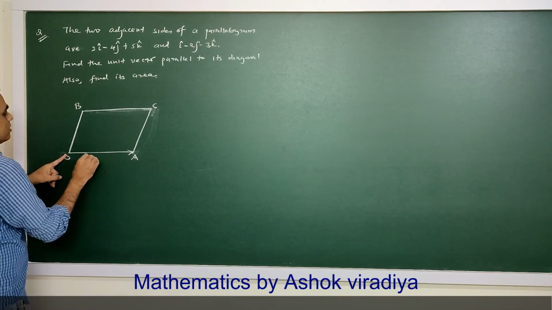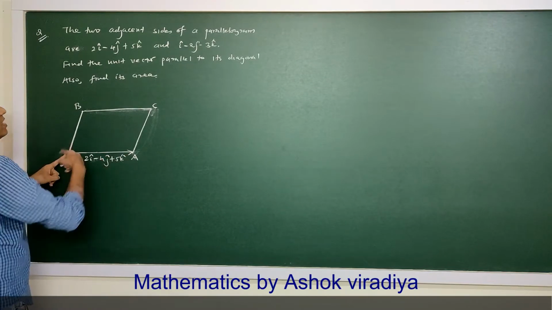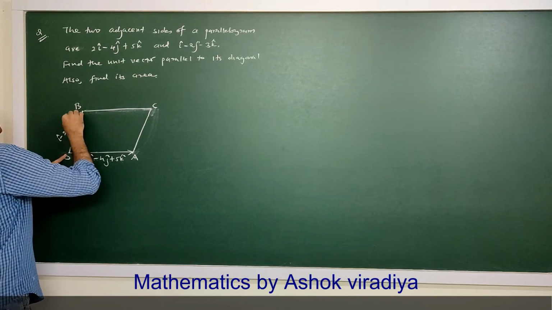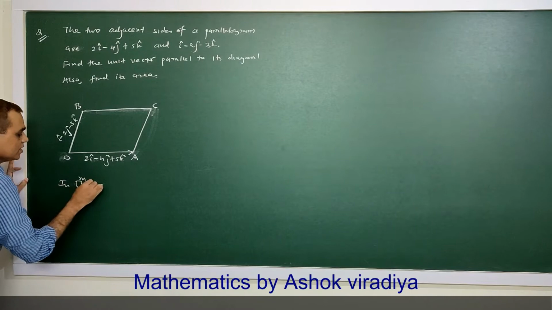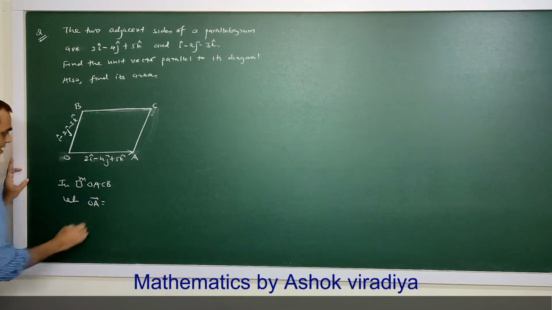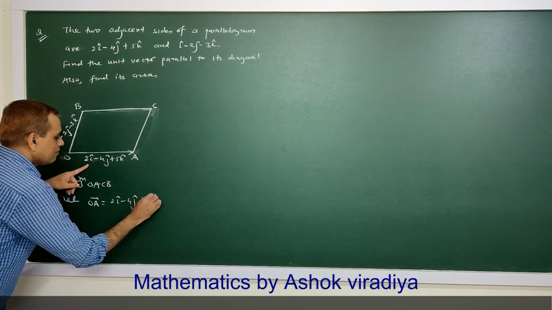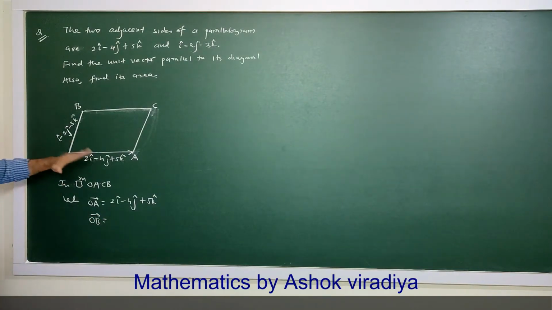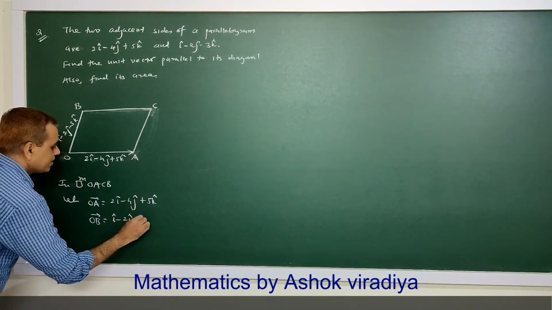Suppose this is 2I minus 4J plus 5K, and this is I minus 2J minus 3K. So in parallelogram OACB, we take vector OA as 2I minus 4J plus 5K, and vector OB, these are adjacent sides, as I minus 2J minus 3K.